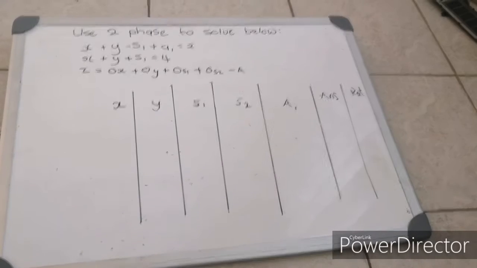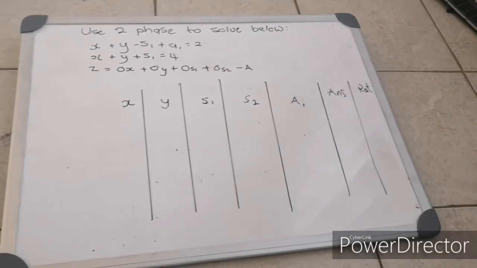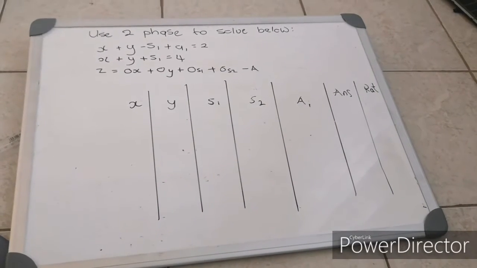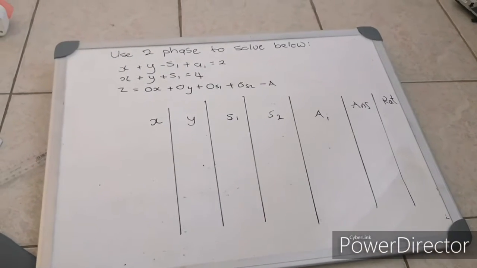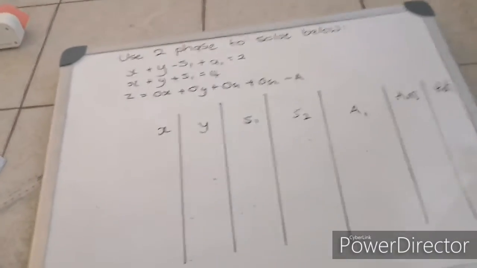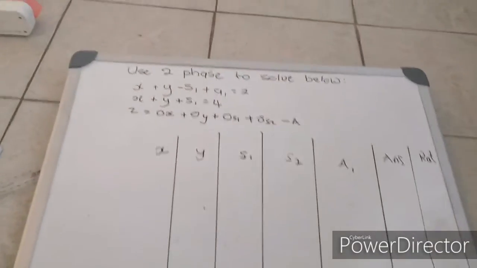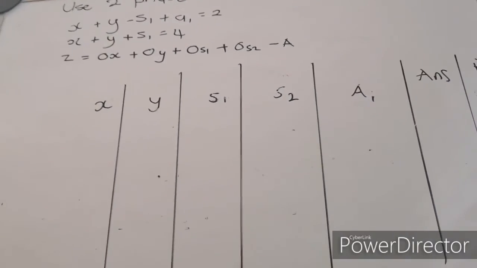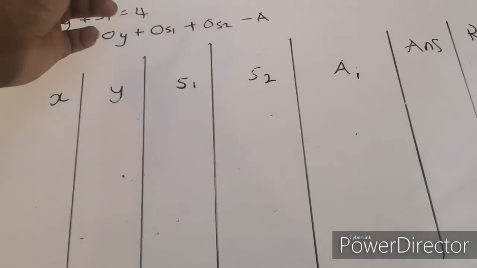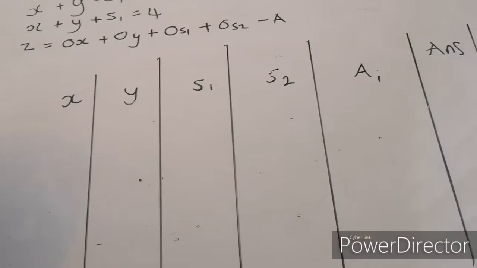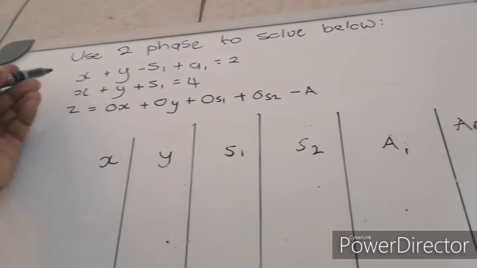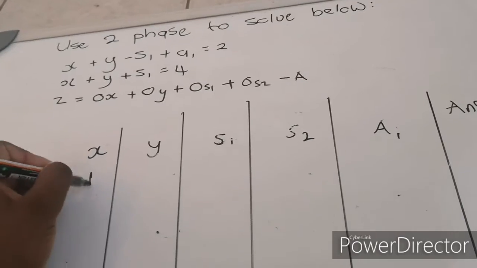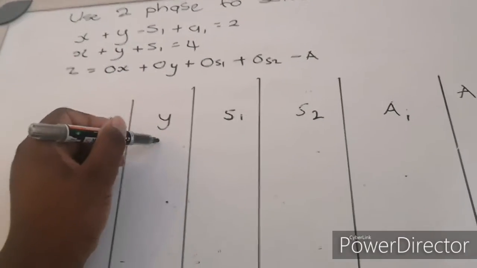Okay, so now that we've established the constraints as well as the new zj or z variables, we can plot them in the table. Let me just zoom in. We know the coefficients of the first constraint: the coefficient here would be 1, and there would be 1.